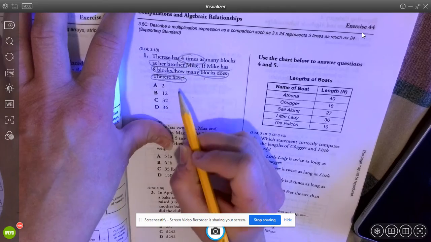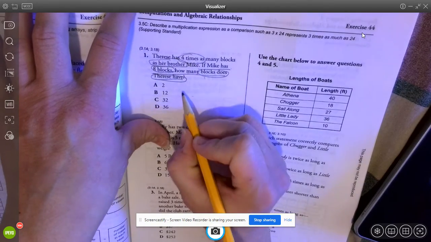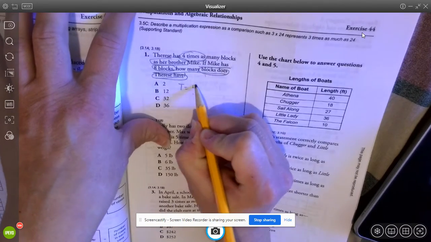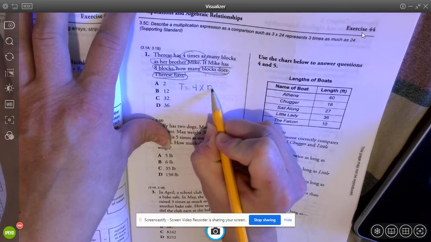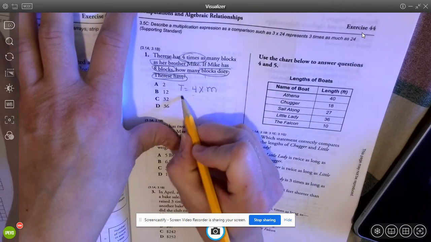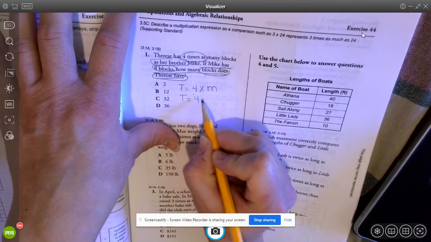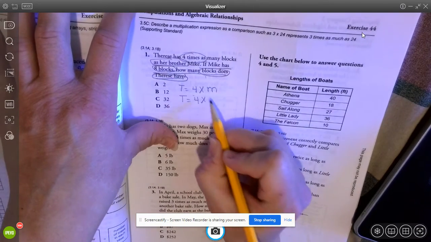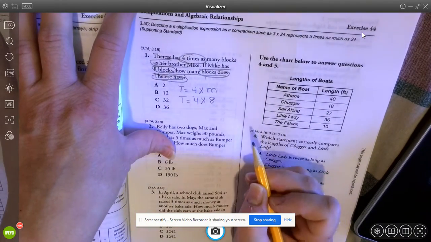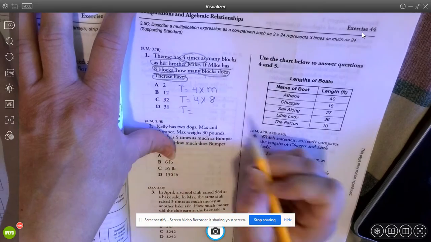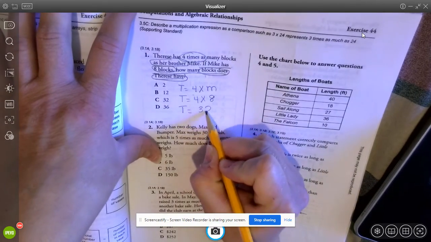Okay. Teresa equals 4 times as many as Mike. Teresa equals 4 times. Mike has 8. So Teresa has, what's 4 times 8? 32. C is your answer.